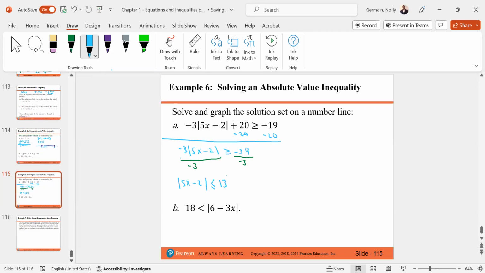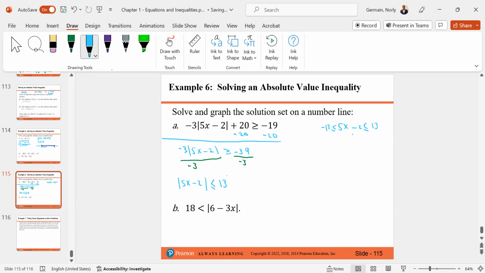That's where we have 5x minus 2 between negative 13 and positive 13.